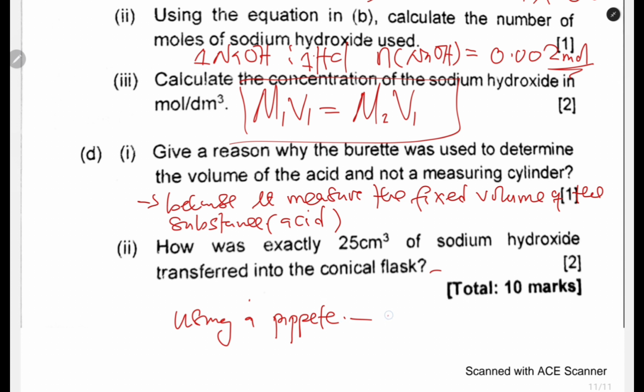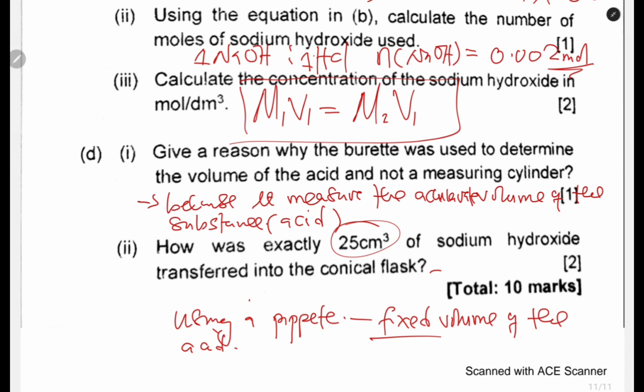Now a pipette measures the accurate volume of the substance. I was supposed to put not fixed but accurate. The pipette holds a fixed volume of 25 cubic centimeter, not above that. That is what it means, fixed.